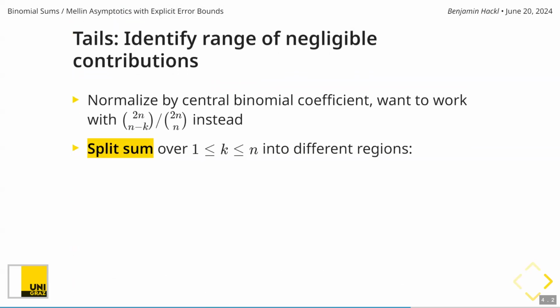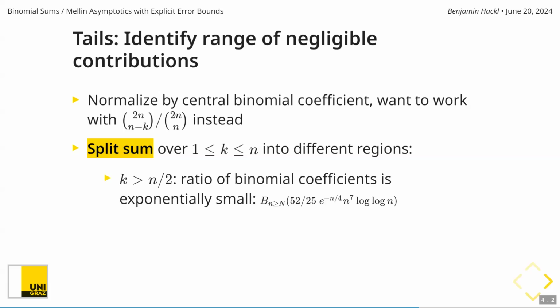Next step, we have this sum, and we identify the regions of the sum that do not contribute a lot, so a negligible amount, but again, we need an explicit bound for that. So we split this sum. First of all, we normalize by a factor of 2n choose n. And we split the sum over the region from 1 to n into 3 different regions.